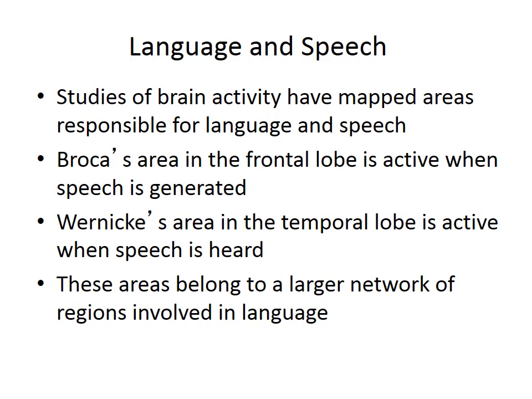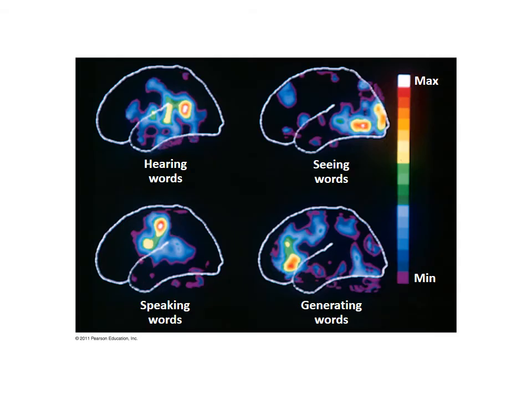Language and speech. Studies of brain activity have mapped areas responsible for language and speech. Broca's area in the frontal lobe is active when speech is generated. Wernicke's area in the temporal lobe is active when speech is heard. These areas belong to a larger network of regions involved in language. And so this is our brain lighting up.